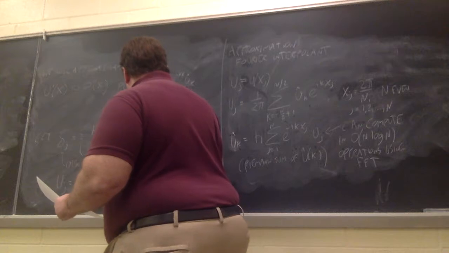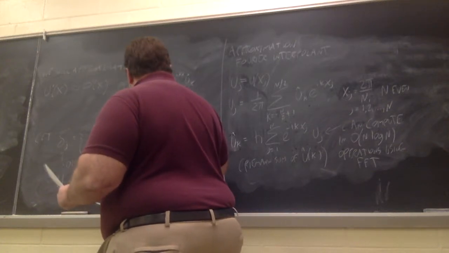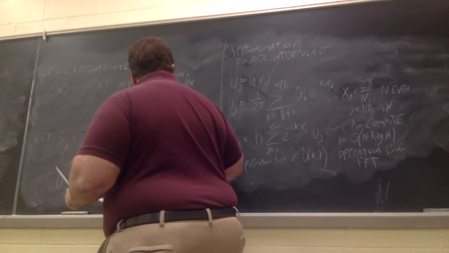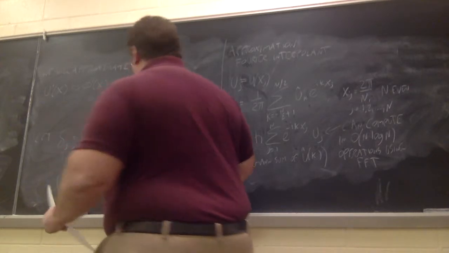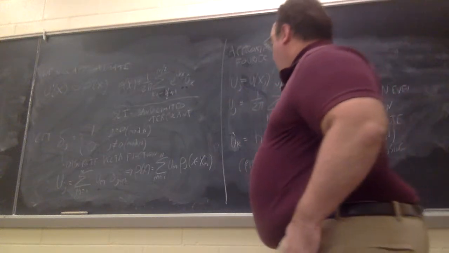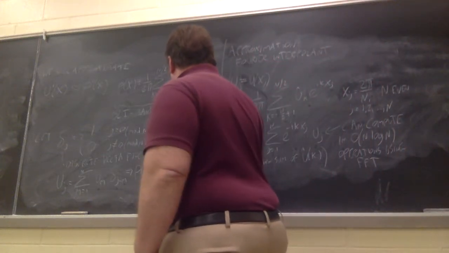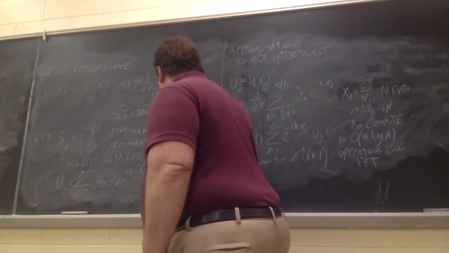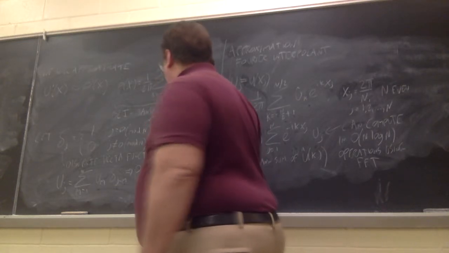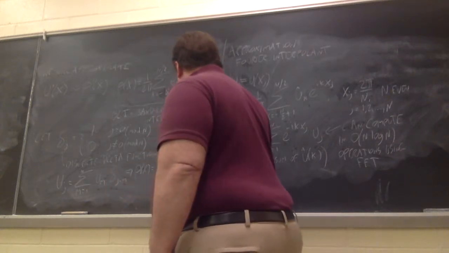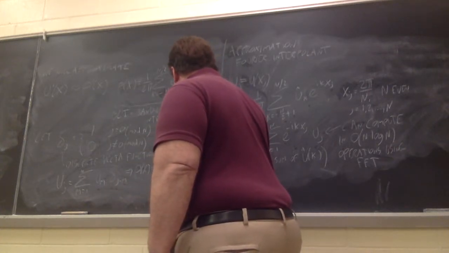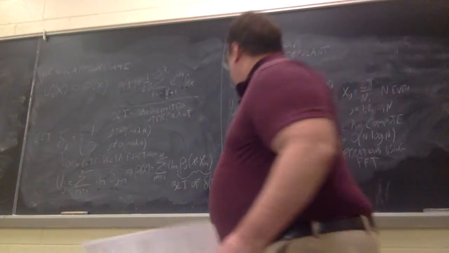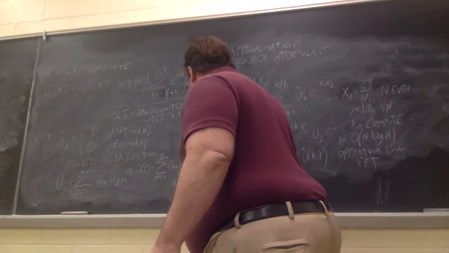So I'm going to have um, and then I'll have pj of x minus xm, where this pj is the band-limited interpolant of delta j.